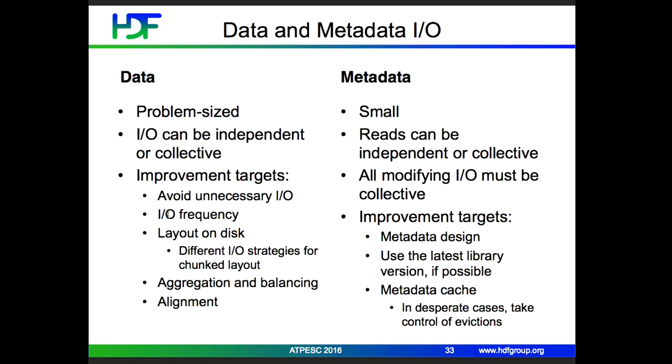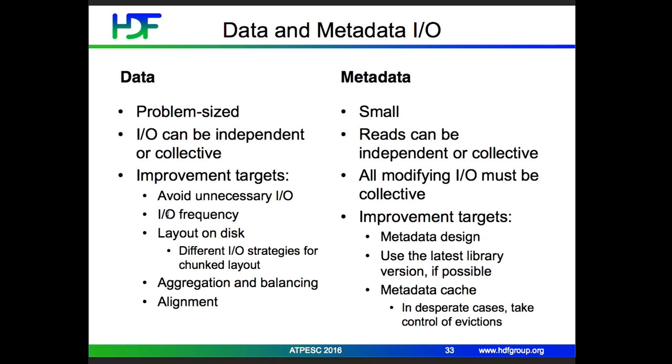By default in HDF5 that would be an independent I/O operation, so you have this read storm where tens of thousands of MPI ranks are just hammering on Lustre, begging for the same little piece of data. In those situations it's a good assumption that if I can do this collectively, the system will respond much better.